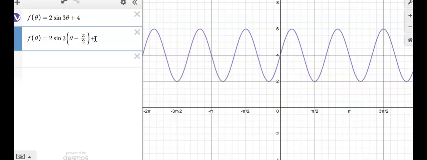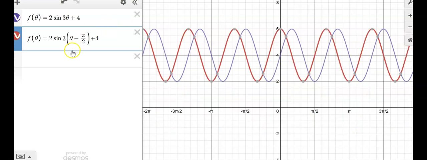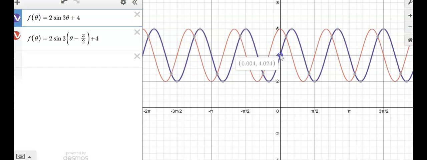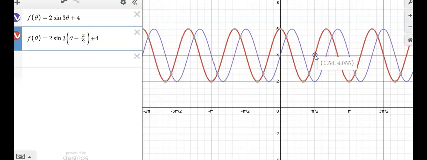And when we do plus 4 to the final graph, the red one, it is also shifted up to 4 here, and we have to shift it to the right by pi by 2 because theta minus pi by 2 is our number. You can see pi by 2 is here. If you go down, it's pi by 2 right here. So the graph has shifted pi by 2 units to the right.